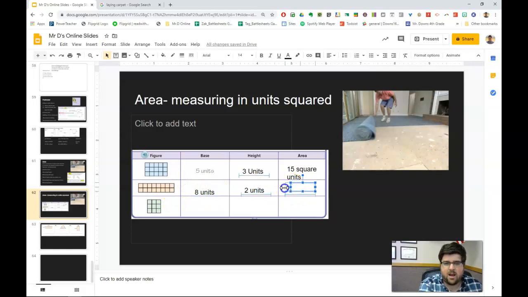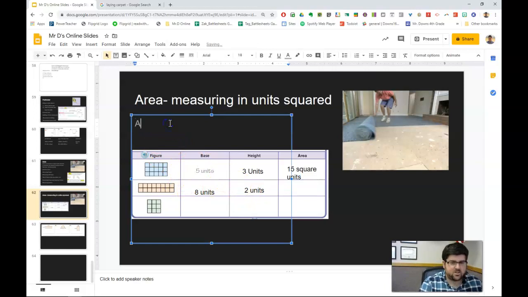So that means the area here, there's 2 ways I can do it. I could count it up just like I did on the last one. I can also notice that I can think of these columns as groups. Because there's 8 across, there's 8 groups, 1, 2, 3, 4, 5, 6, 7, 8. There's 8 groups of 2.